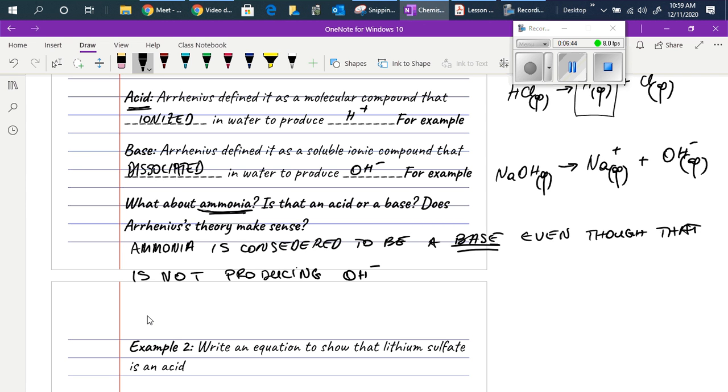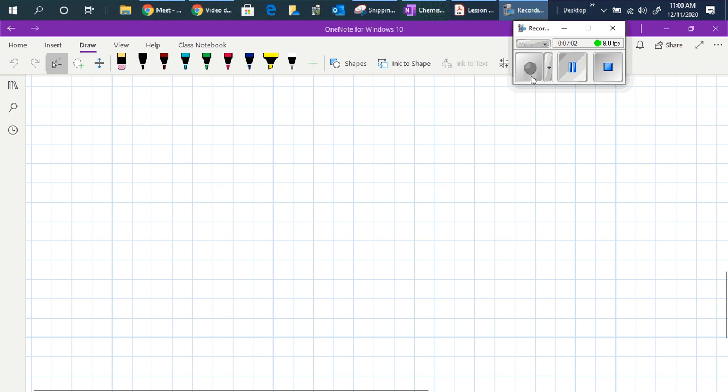So now the question will be, is Arrhenius theory correct, or do we have to do some modifications on it? And this is where the modified Arrhenius theory comes into place.